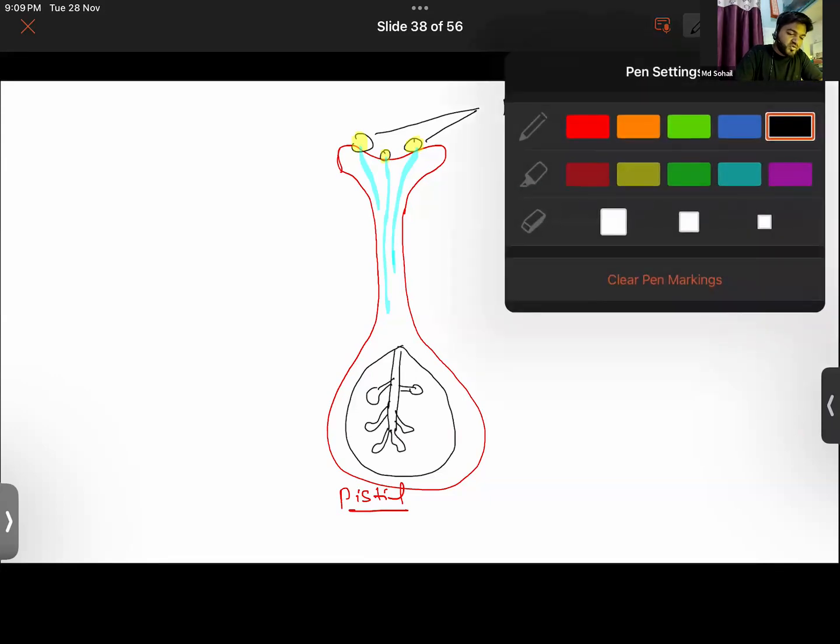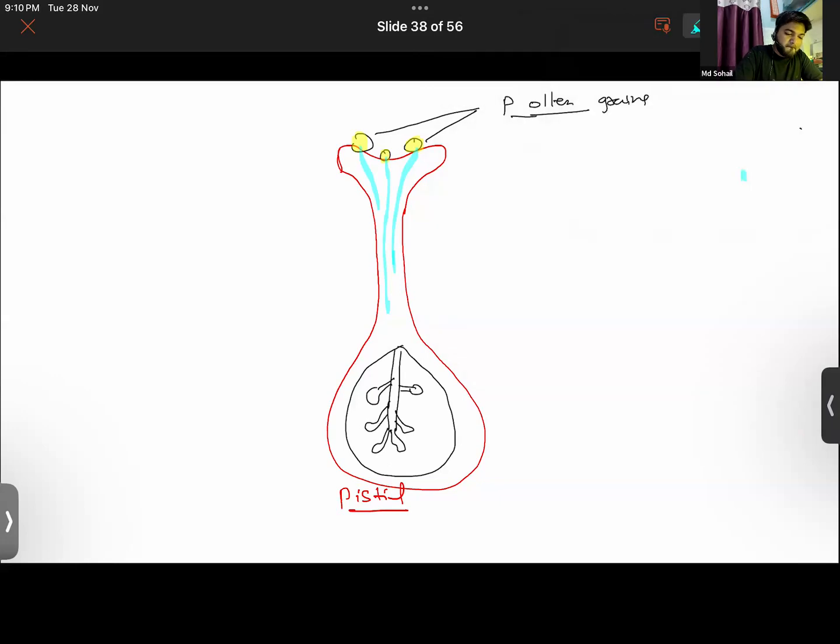These are the tubes, and the tubes will go all the way up to the entry of the ovary.